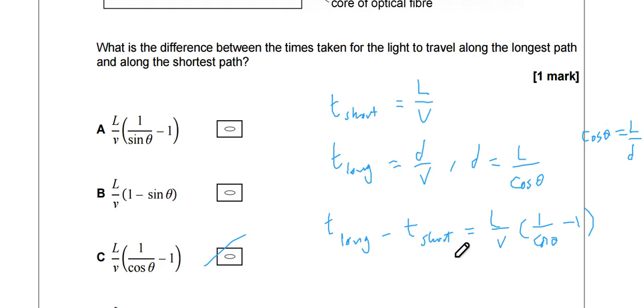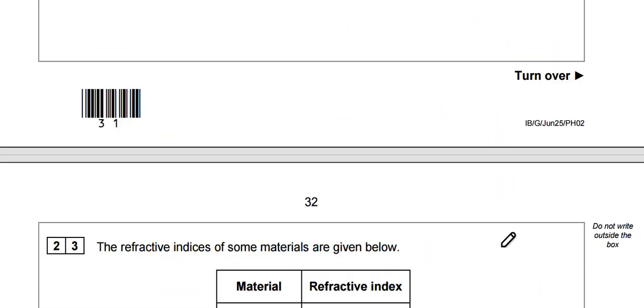Here we will find that it should be L over cosine theta times V minus L over V. Take L over V as a common factor. It will be 1 over cosine theta minus 1. Very well.